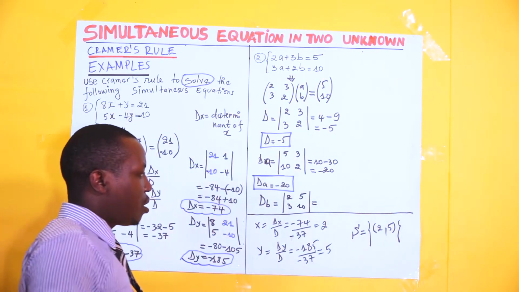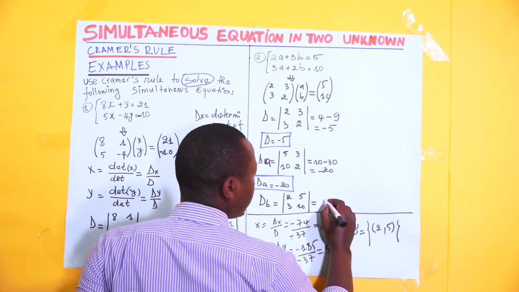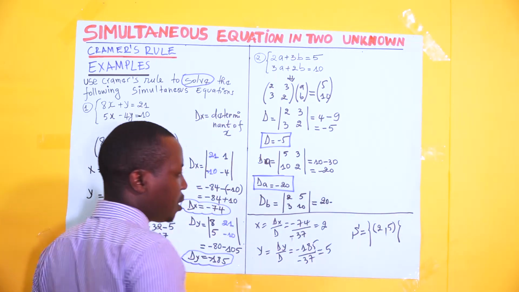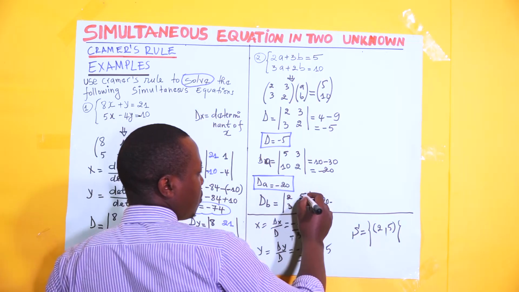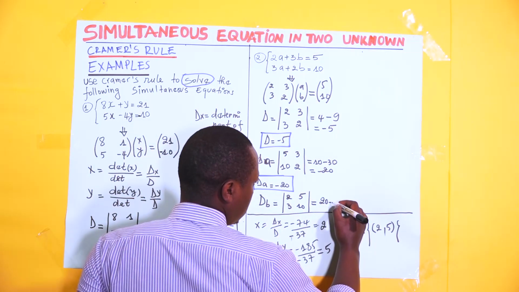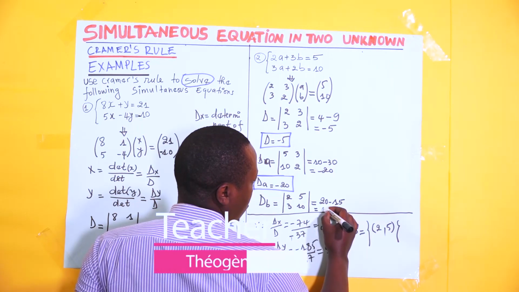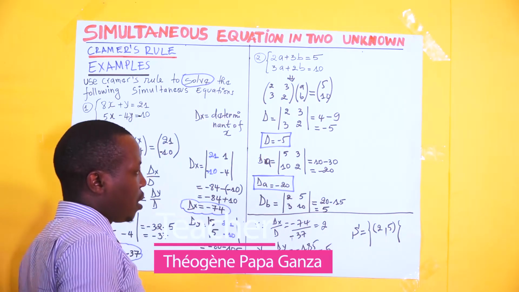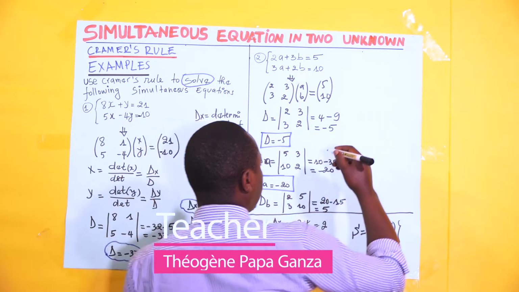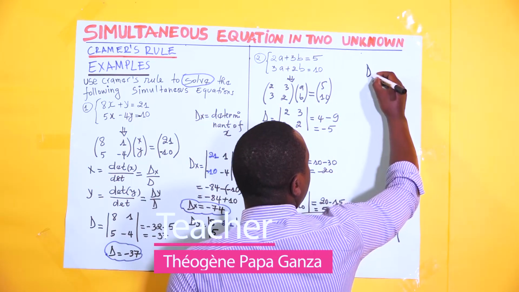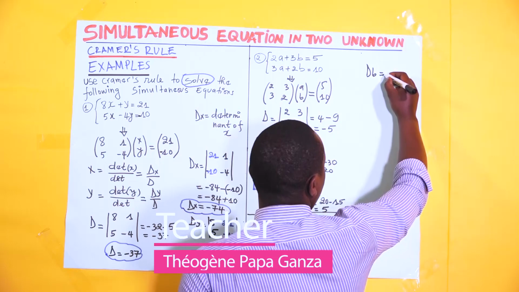So what is the answer here? This is 20 minus the product of 3 and 5, which is 15. So the answer is 5. dB equals 5.